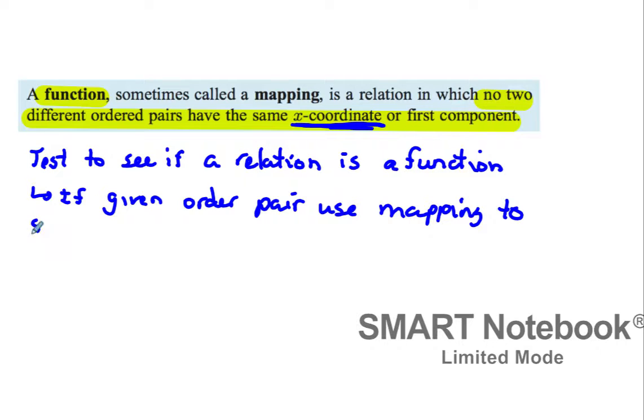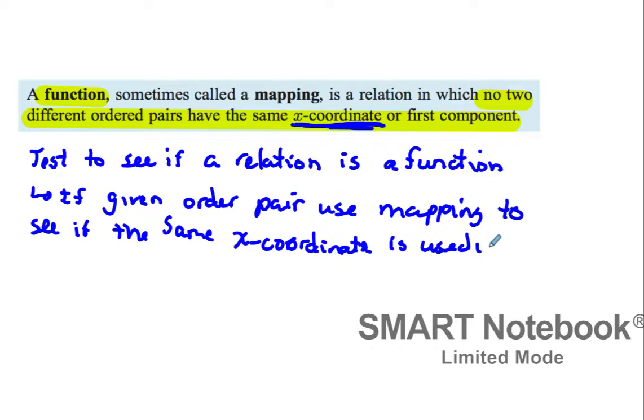We have the domain in one circle and the range in the next circle, and you'll look and see if you have two lines leaving from a single x value. If the same x goes to two different y values, then this fails the test and the relationship is not a function. So let's do a few examples of this first test for a function using the mapping process.